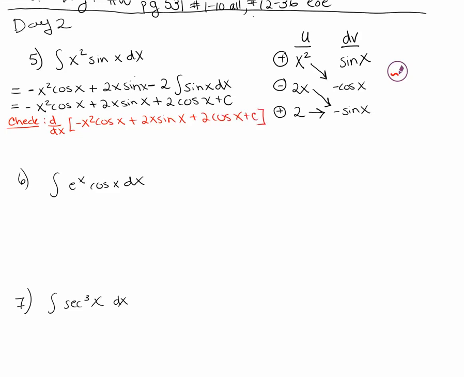So if we take the derivative of this, we are going to get negative 2x cosine x plus x squared sine x plus 2 sine x plus 2x cosine x, minus 2 sine x. So let's see if we can cross anything off. Our 2 sine x we can cross off, the 2x cosine x, and we are left with what was our original expression. Okay, so it looks like our answer is good to go.